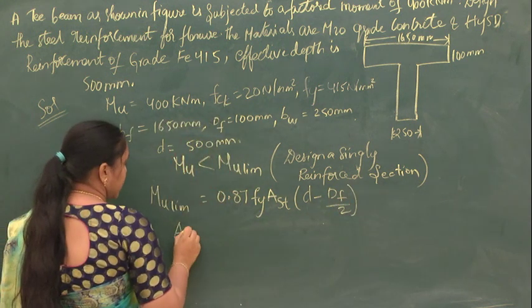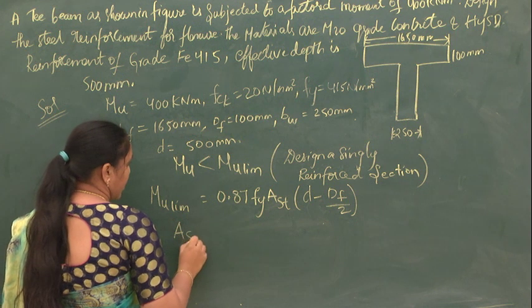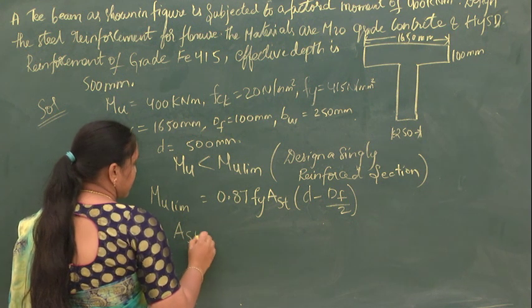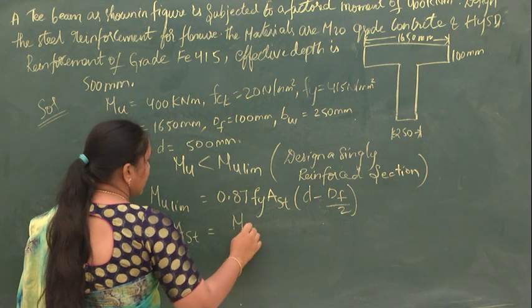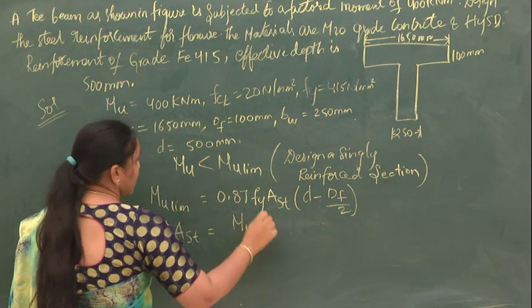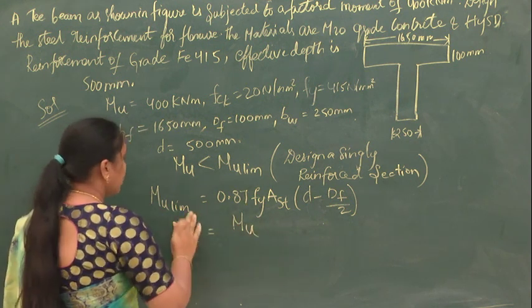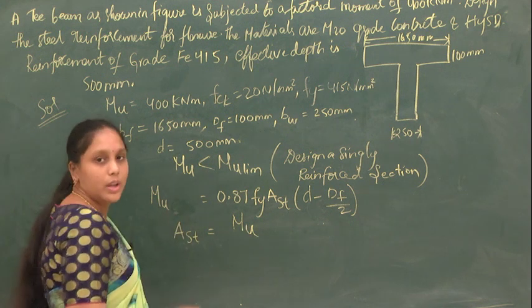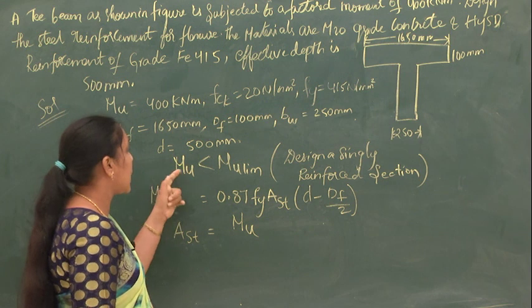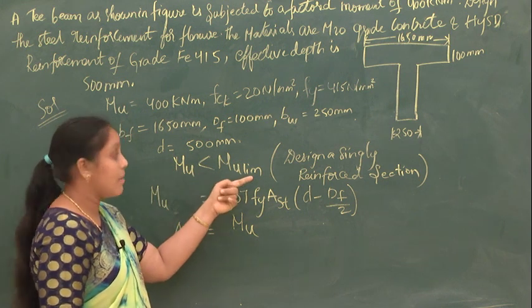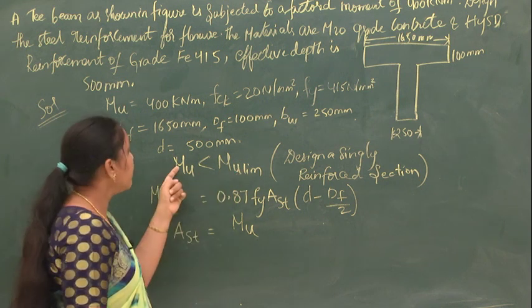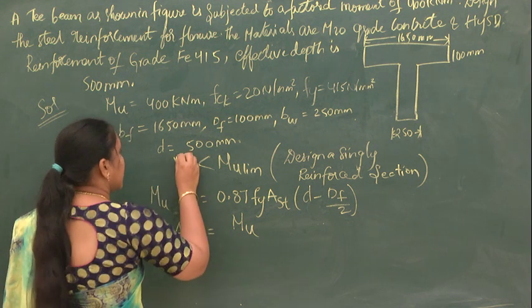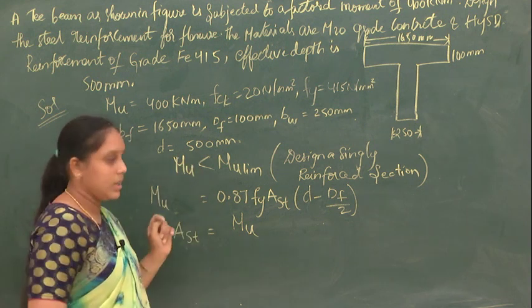So what will be the AST? AST is equal to Mu. Here you have to write down Mu, not the Mu limit. Why do you have to take Mu here? Because Mu is less than the Mu limit.